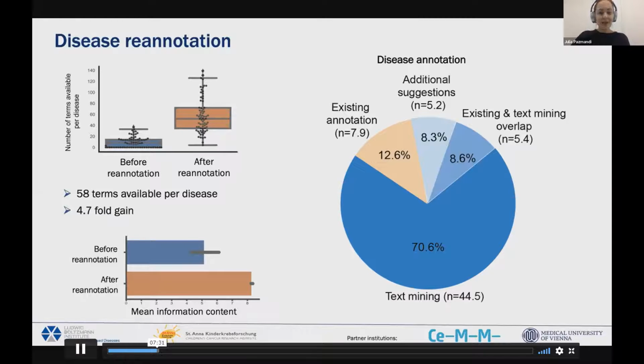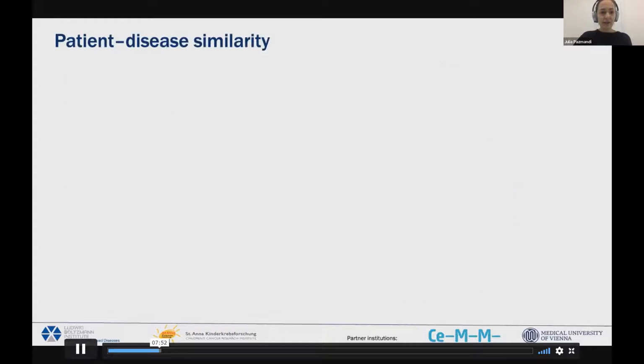So hopefully I could convince you by now that indeed we have gained a lot of new HPO terms per disease, and also the information content increased. But of course, our main goal is to create a complete HPO annotation and description that is good enough to use in a clinical setting, good enough to use as a diagnostic aid, and is very accurate in patient disease similarity matching.